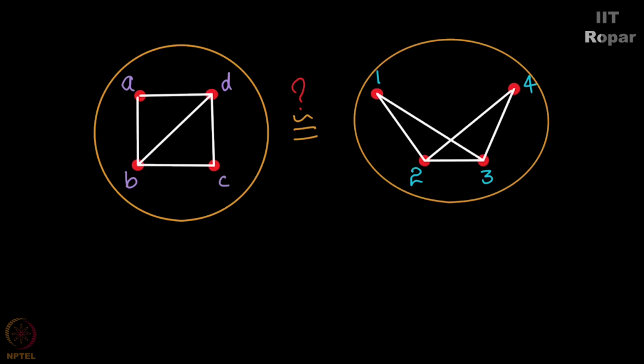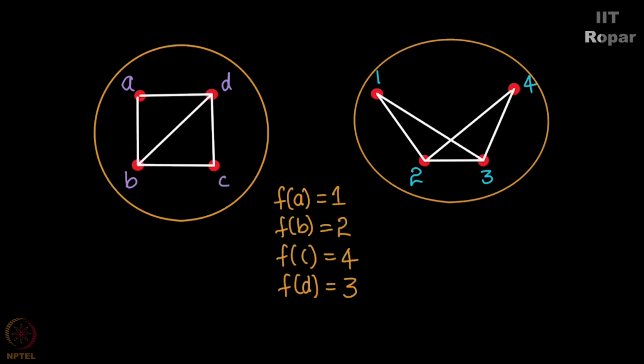Look at this. Boom. This is the bijection. And it does preserve adjacencies. Whenever 2 nodes here are adjacent, the corresponding 2 nodes on this side are also adjacent, and hence these 2 graphs are indeed isomorphic.